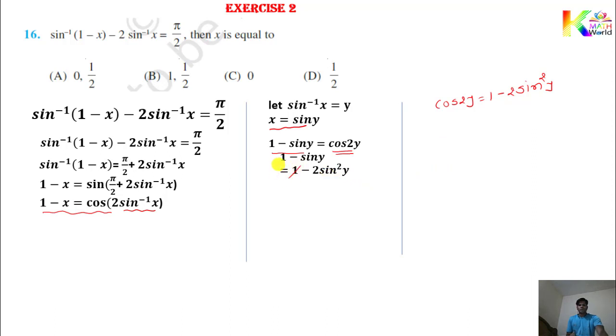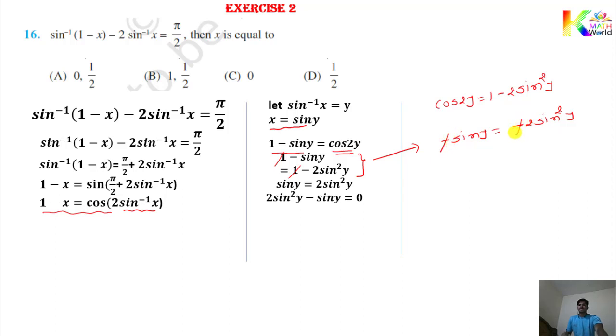From both sides the 1 cancels out. Then what is left? Minus sin y equals minus 2 sin square y.